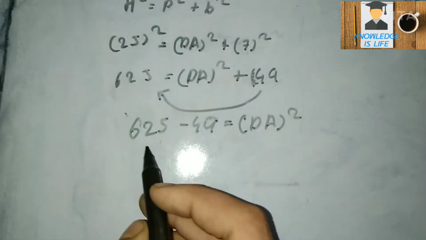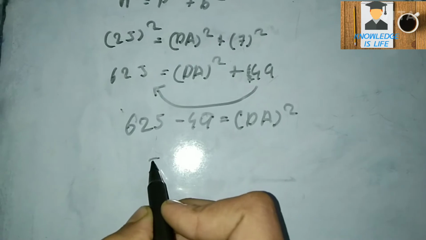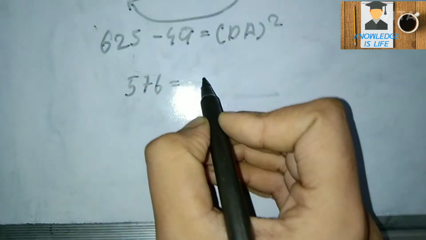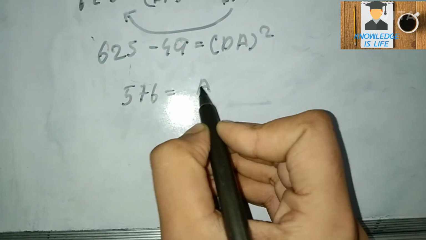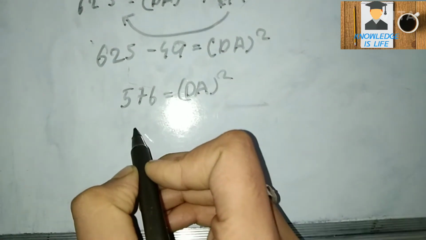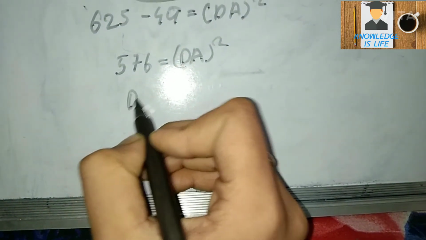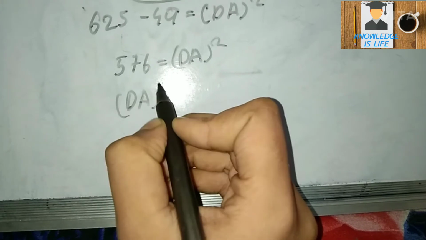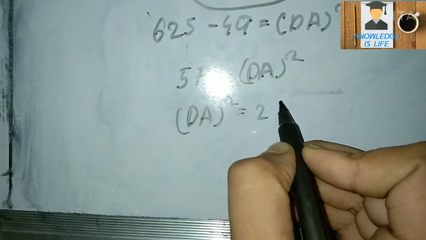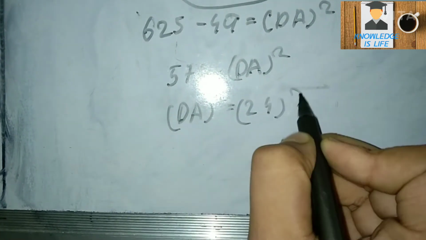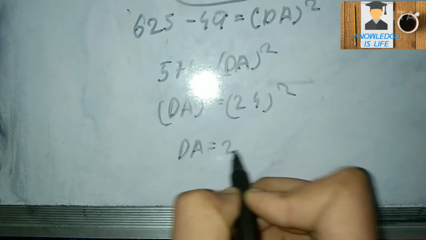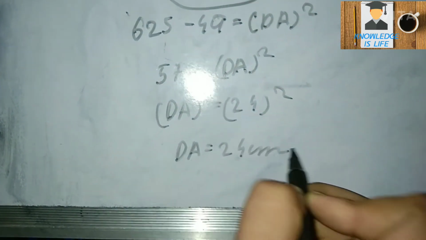Okay friends, after minusing this we get the answer 576 equals DA square, and after that DA square equals 24 square. So our answer will be DA equals 24 centimeters.